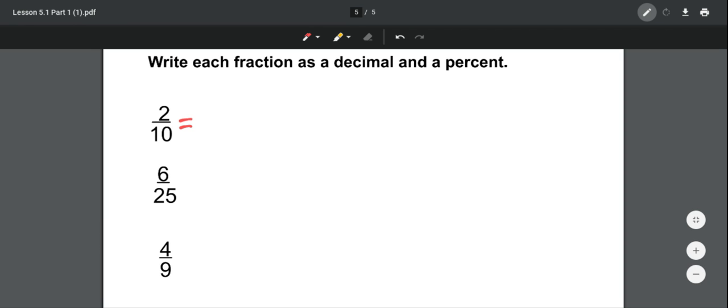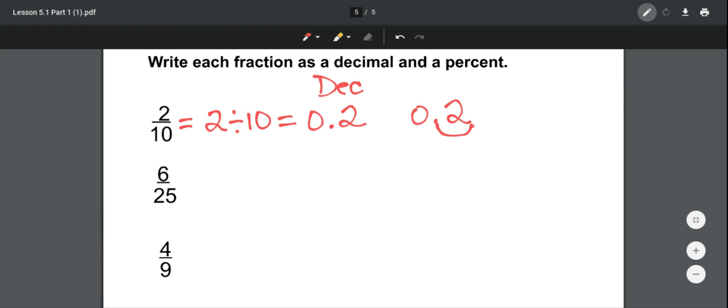So in the first one, we would do 2 divided by 10 into our calculators and get 0.2 as a decimal. To change that into a percent, we know we will be moving our decimal place over 2 places to the right, filling in our loop, getting 20%.